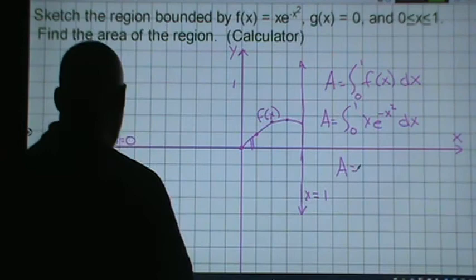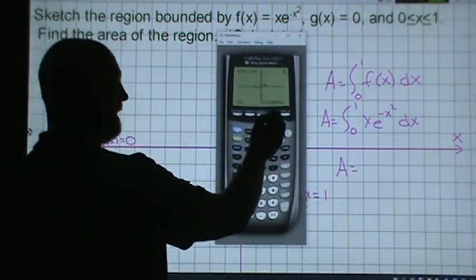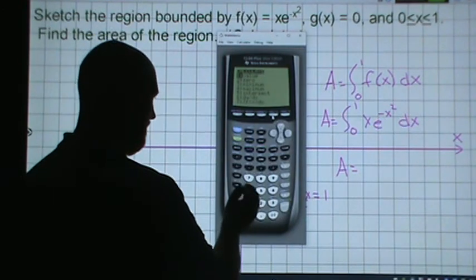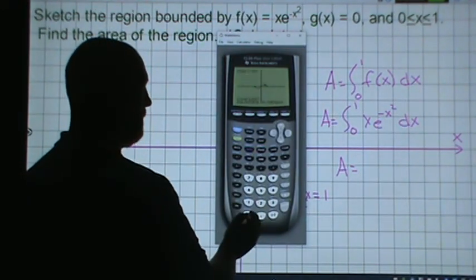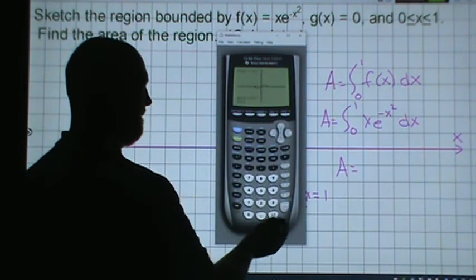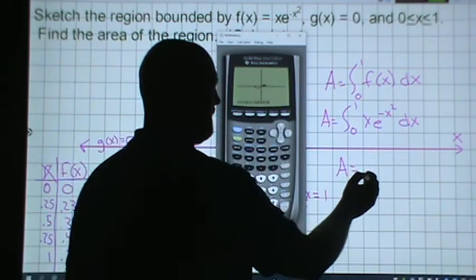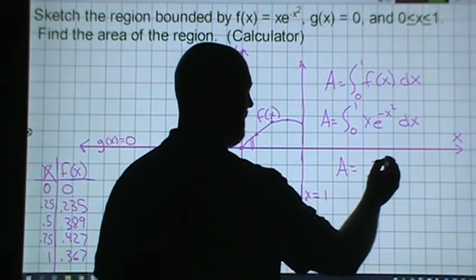And I can just calculate that with my calculator. So I can do second calc, integral, lower limit 0, upper limit 1, and finish with .316. That was a nice easy problem to wrap up this section.